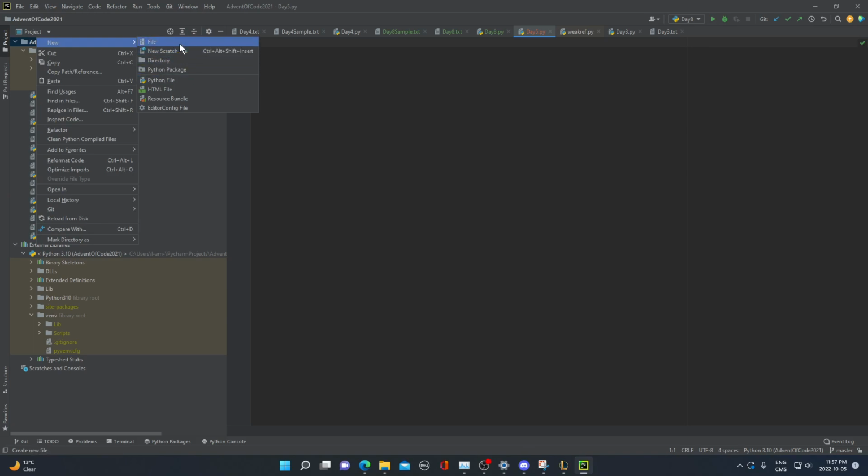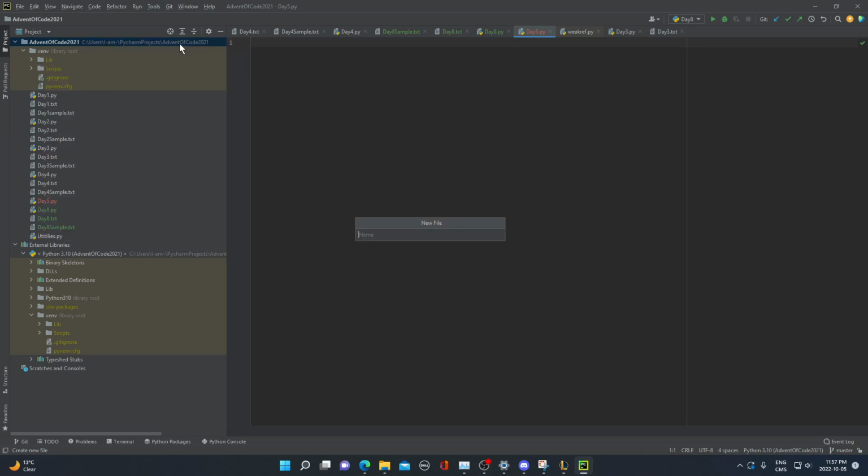And of course, we need our two text files, one for the sample and one for the actual puzzle input.